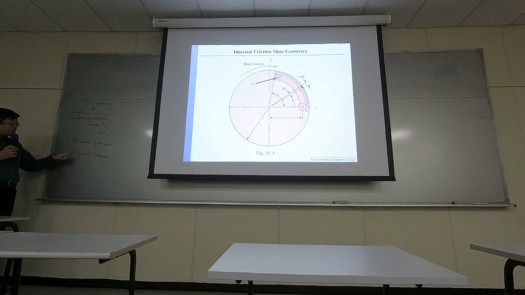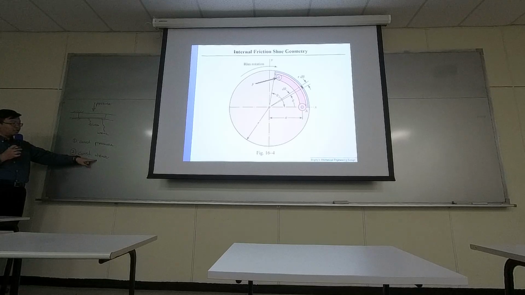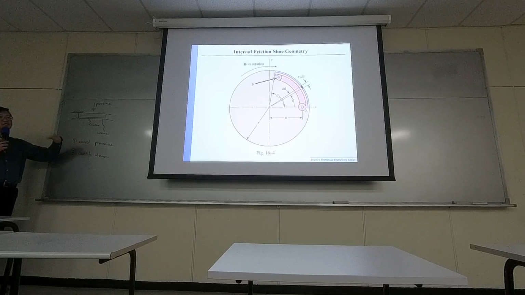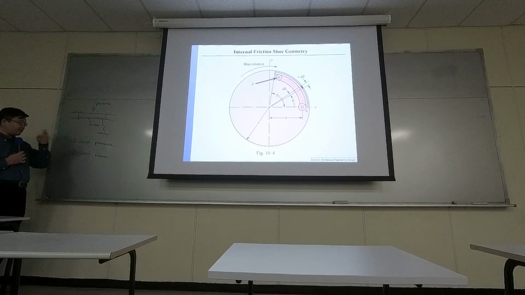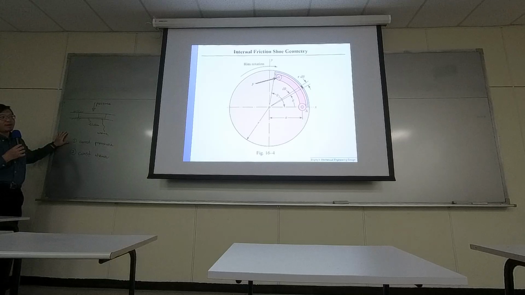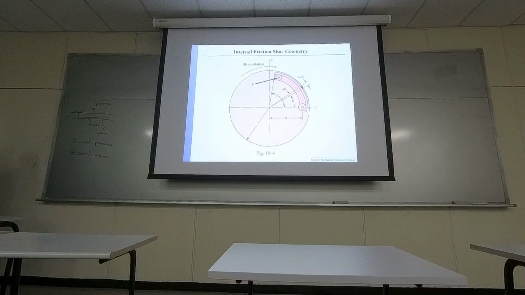Okay, so does constant wear mean constant pressure? Not necessarily. So usually when they try to build some kind of physical model, they have certain assumptions. Those usually are two kinds, and it depends on the geometry that you are working on.